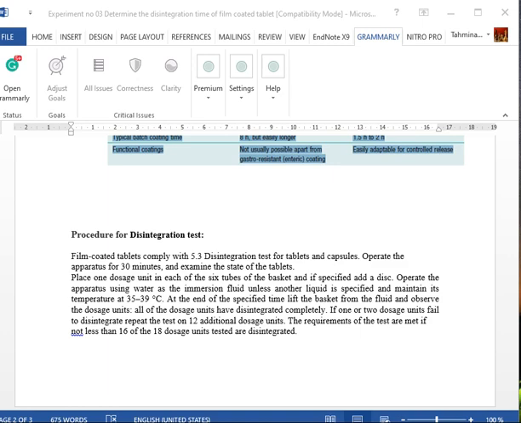The requirements of the test are met if not less than 16 of 18 dosage units tested are disintegrated. As we have seen in our earlier experiment, if the 6 pass, then it is okay. If any one fails, then we have to repeat the same disintegration test on 12 additional dosage units.